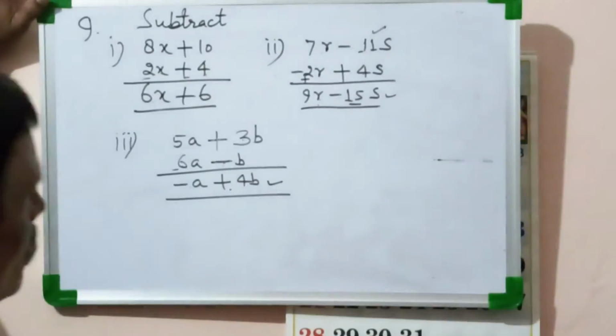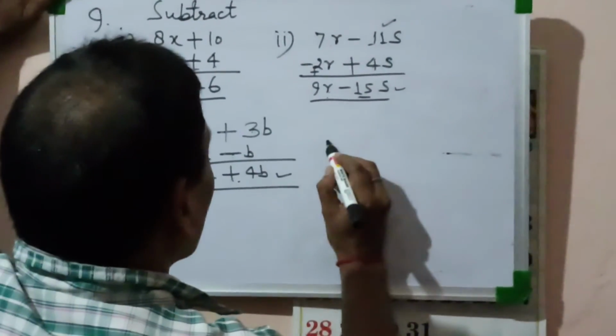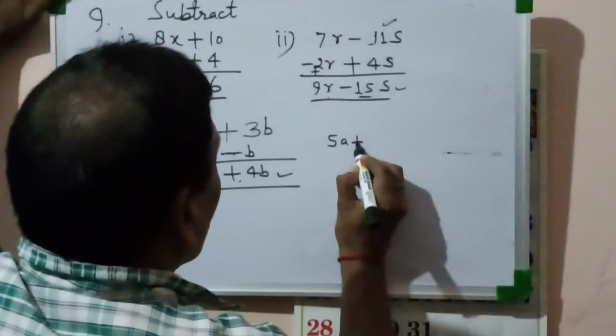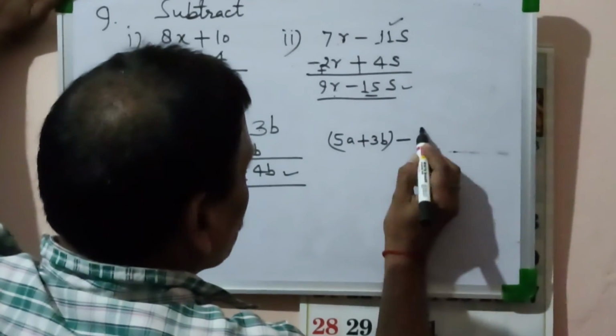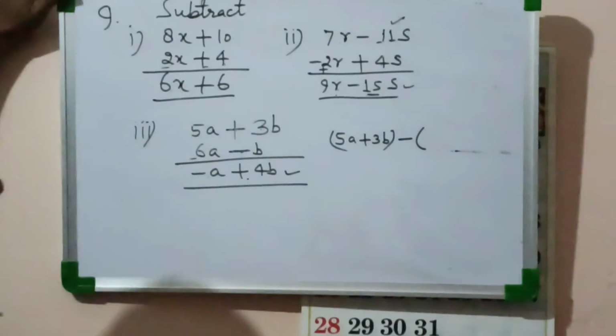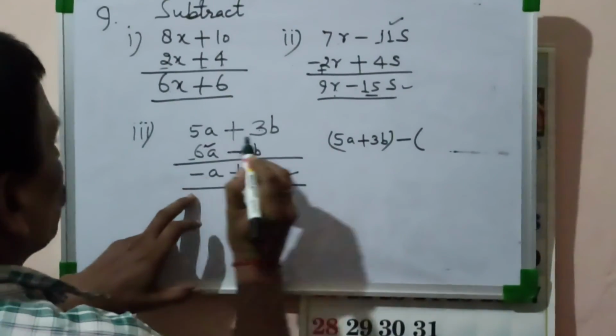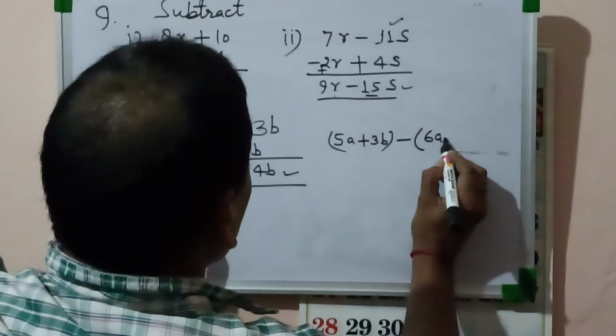So in this way also you can write 5a plus 3b in one bracket. You have to subtract, with the sign of subtraction, then 6a minus b.